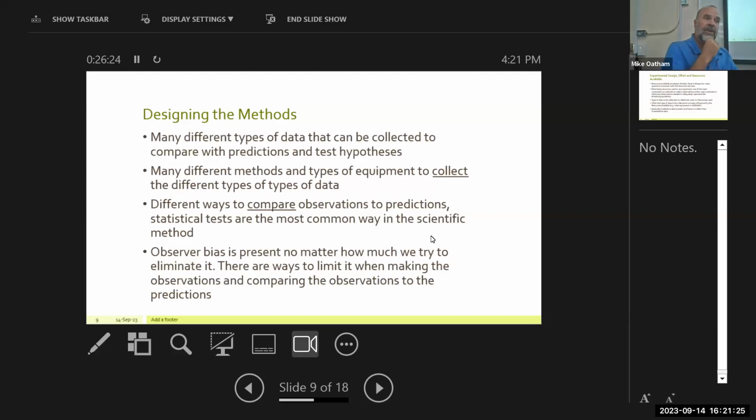So if your question is, like I was saying, the size of leaves, what sort of equipment do you think you would use to measure the size of a leaf? A ruler. Yeah, something like a ruler or a measuring tape, something which is calibrated to give you a standard length.